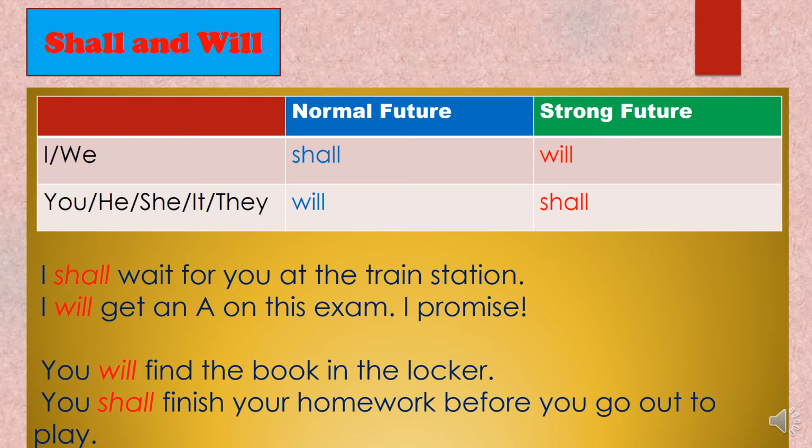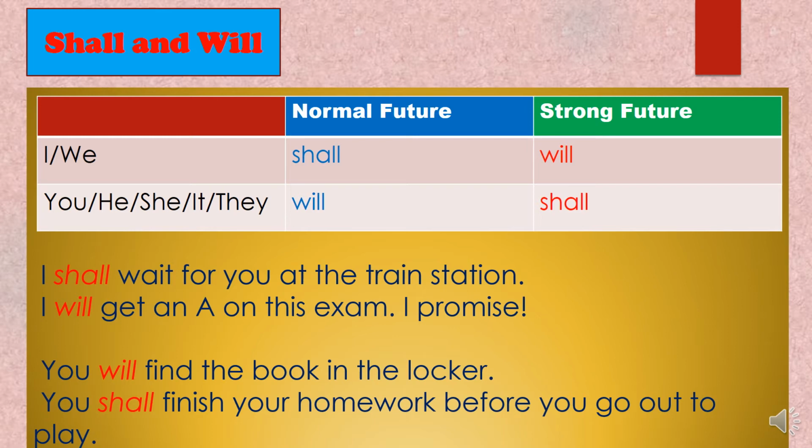But if we go deeply into the grammatical concepts, we should use shall when the thing is in normal future and very general. See, I shall wait for you at the train station, but we normally say I will wait for you at the train station. But here you are just making a general remark, so you should use shall.